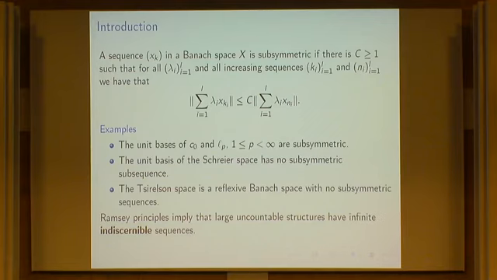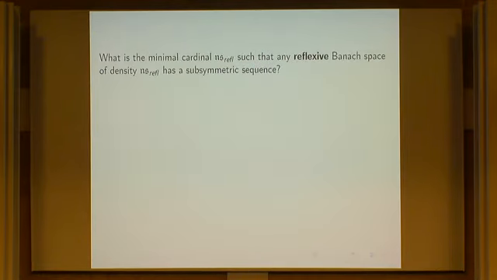So it should be the case that for large Banach spaces, you can always find subsymmetric sequences. And it is the case. So we are interested in understanding the minimal cardinal such that any Banach space of that density has a subsymmetric sequence. There are two questions. We are mainly interested in the reflexive case, which is actually more difficult.